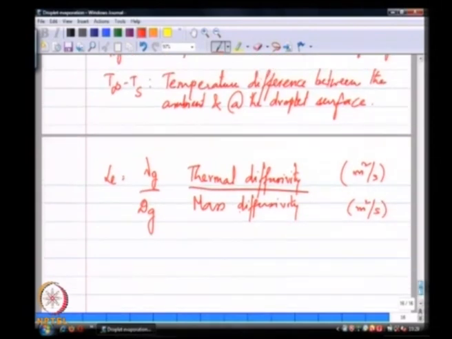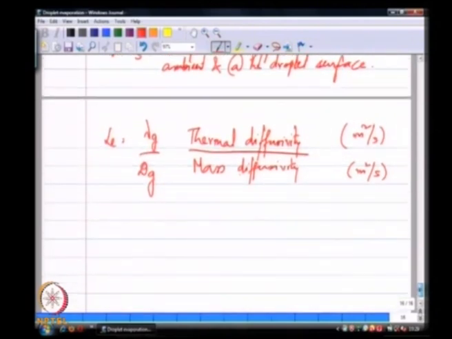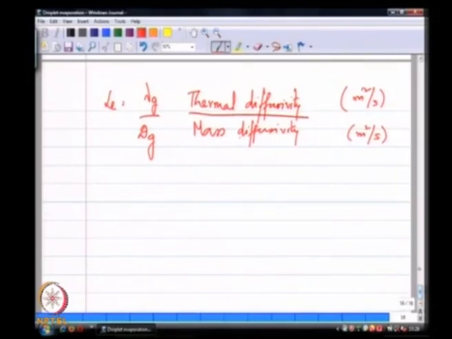So, the thermal diffusivity to mass diffusivity ratio is what is responsible for the rate of thermal transport from the ambient gas to the droplet, which is also the same as the limiting process in terms of the vapor diffusing away from the liquid into the ambient gas.